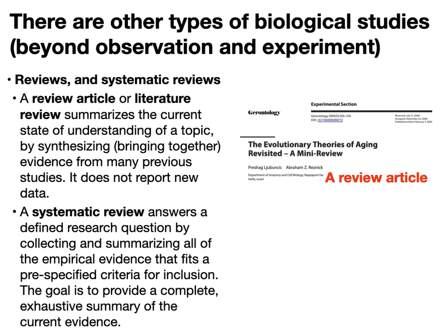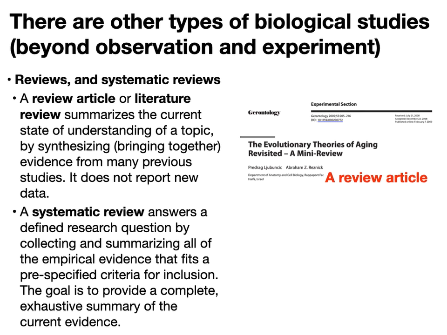A systematic review is a special kind of review that answers a defined research question by collecting and summarizing all of the evidence that fits pre-specified criteria. The goal of a systematic review is to provide a much more complete summary of the current evidence on a given topic.